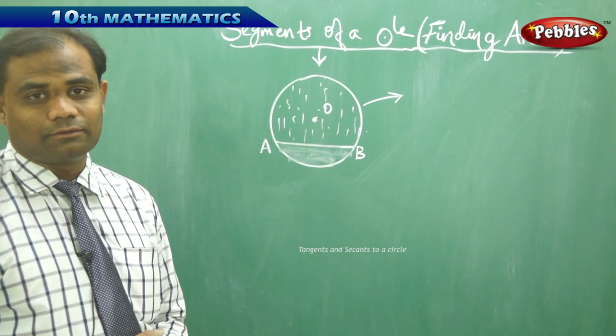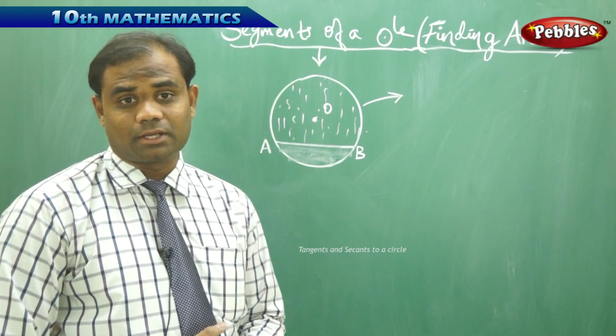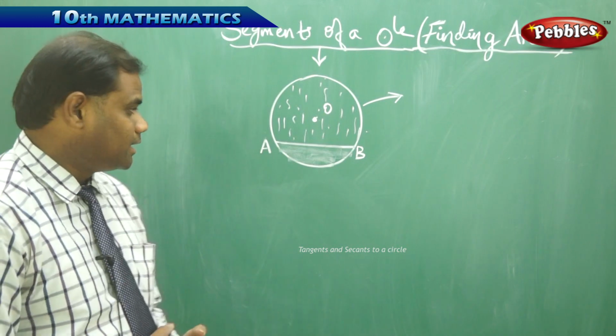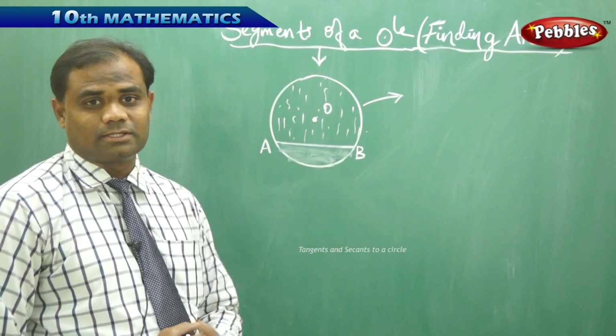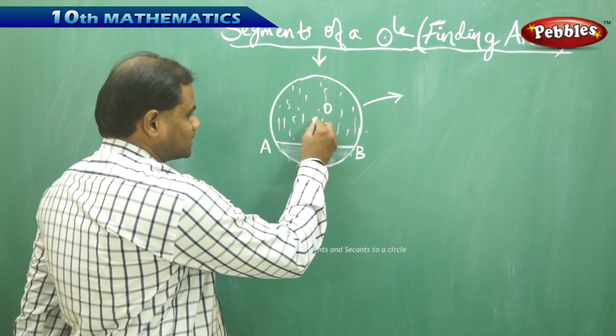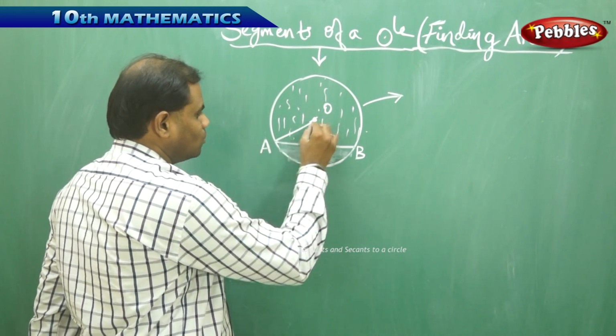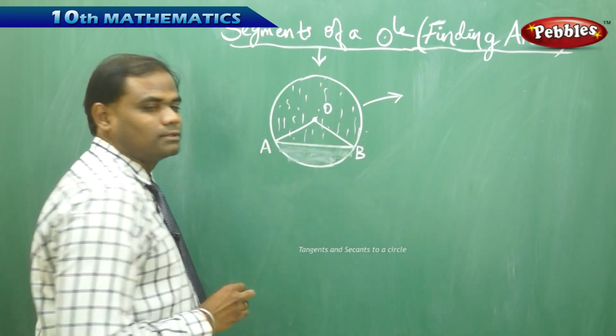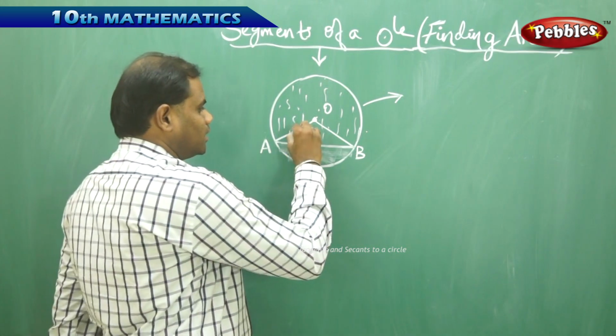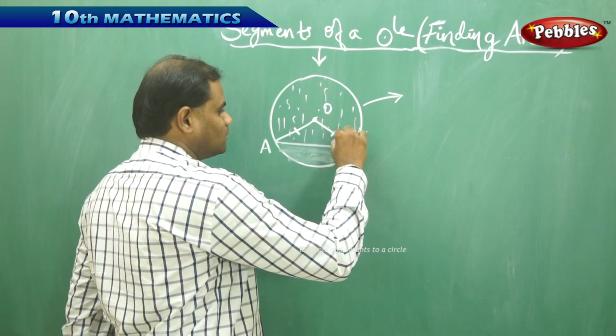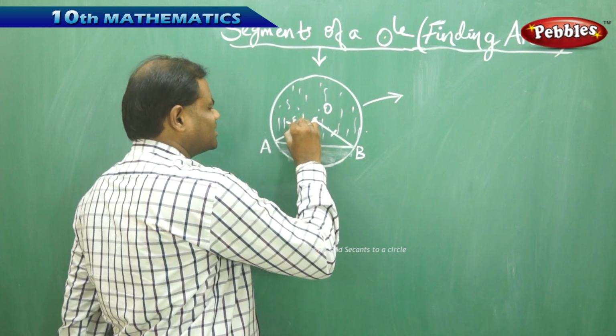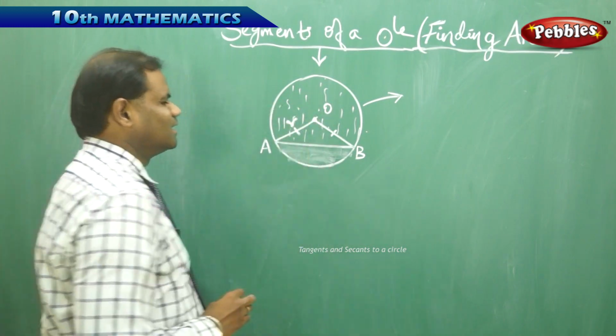Before we find the area of each segment, let me construct by joining OA and OB. Since OA is equal to OB because they are equal radii, let me take the radius of the circle as R.